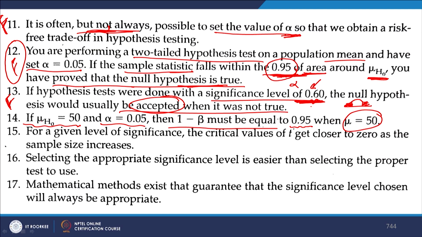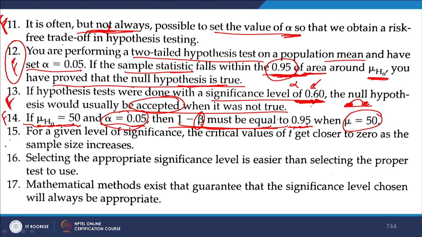In fact, this is not 1 minus beta, this is 1 minus alpha. So, this statement is a false one. With alpha and beta you can find out whether such a statement is true or false.